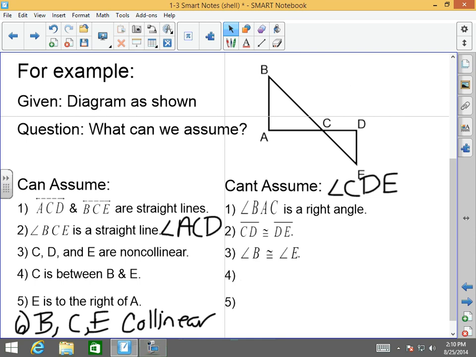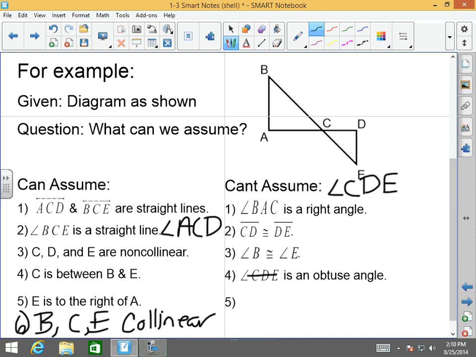Although I'm pretty darn sure that I'm right, you still cannot assume, oh, and I wrote the angle wrong. You cannot assume, not that CDE, but I meant to say, you cannot assume that angle BCD is obtuse.